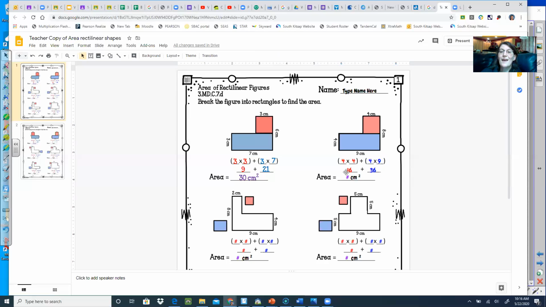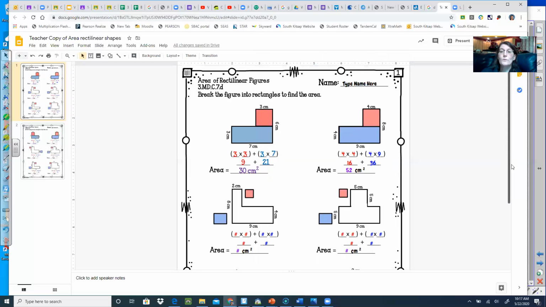Now I want to add 16 and 36 together. Well, 6 and 6 is 12. 10 plus 30 is 40. 40 plus 12 is 52, I believe. There we go. So I'm going to do 2 more on this page with you.